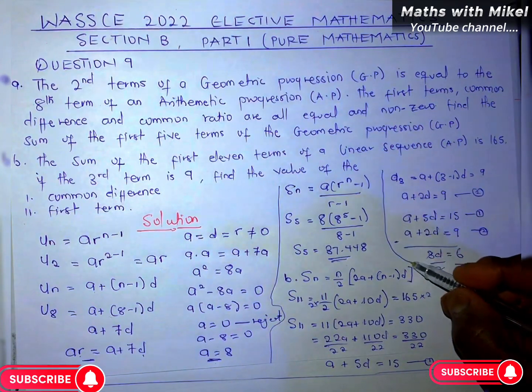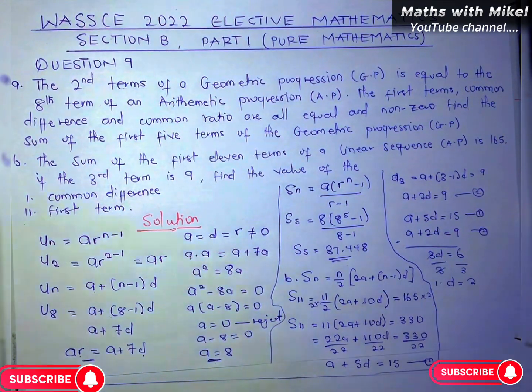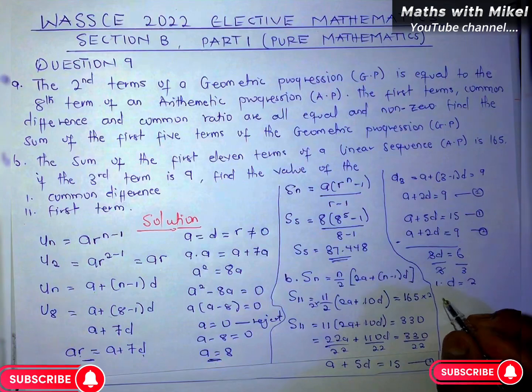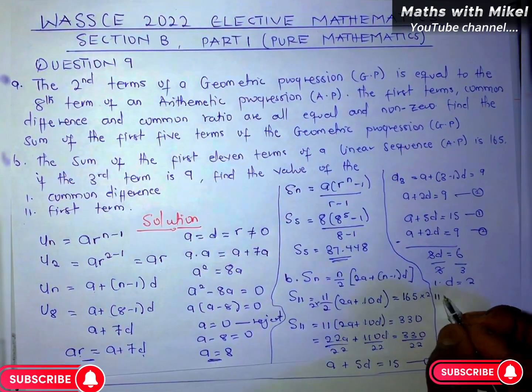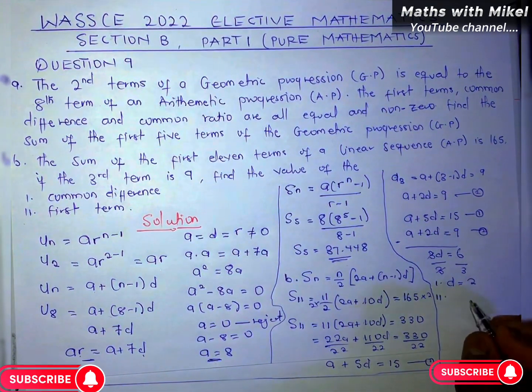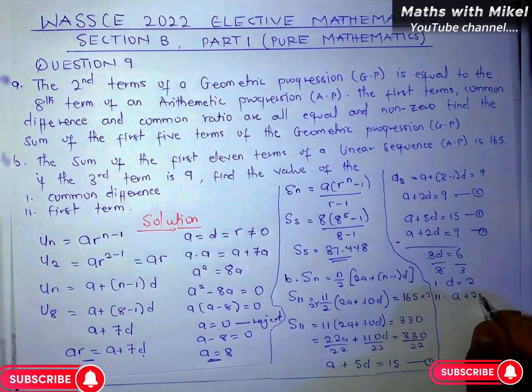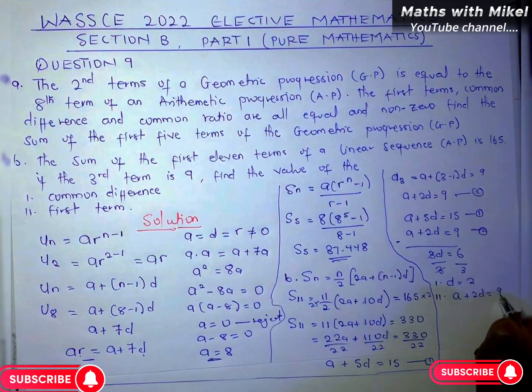Because of space, I have to squeeze this one here. Now on the II, we are asked to find the first term. If we have the common difference to be 2, we can substitute that into any of the equations to find the first term. I'll take equation 2, which is a plus 2d is equal to 9.